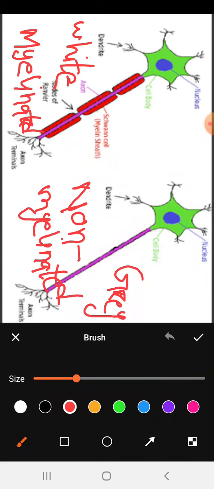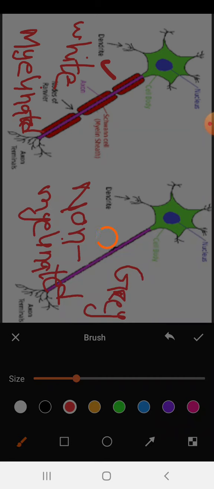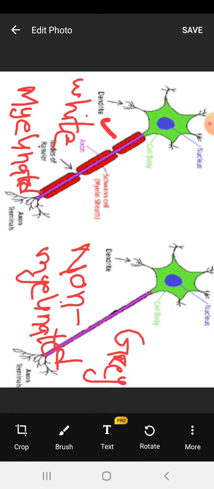The myelinated nerve fiber is also called the white nerve fiber or the medullated nerve fiber. And the non-myelinated nerve fiber, as you can see in this picture, can be called the gray nerve fiber, or the non-medullated nerve fiber.